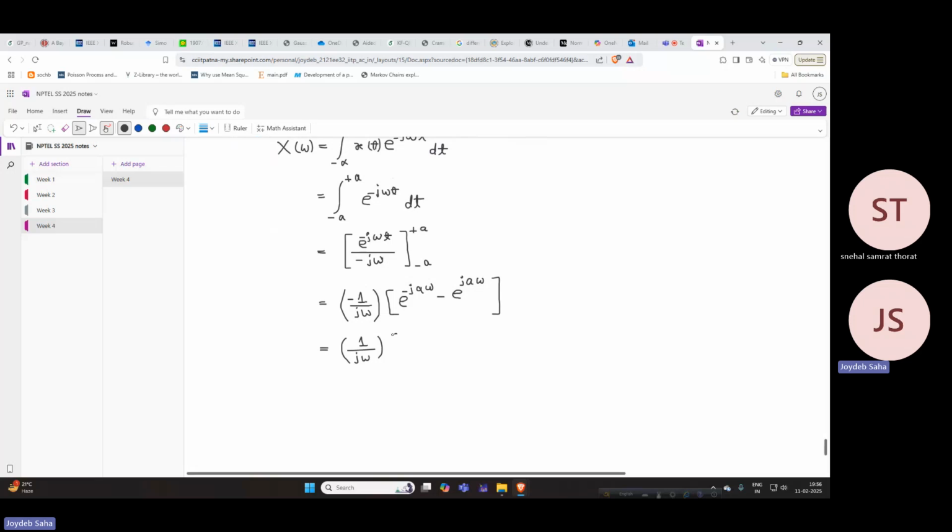So this gives the final equation, calculated in equation 20.